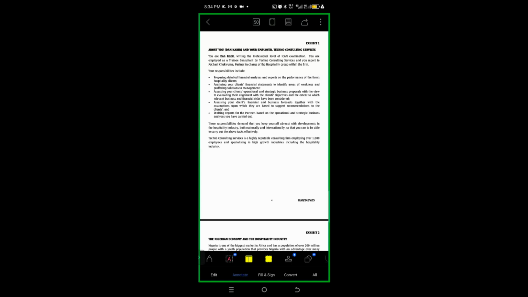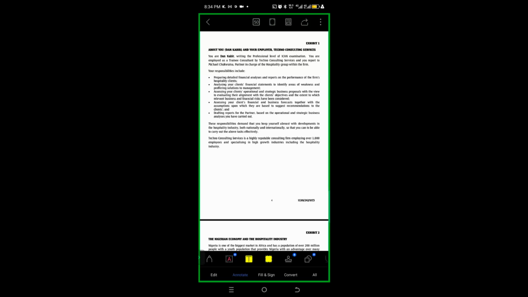On the other side, you are now told that you have certain responsibilities. The first one is that you will prepare detailed financial analysis and reports on the performance of the firm's hospitality clients. So you are going to be analyzing and reporting on the performance of the clients.